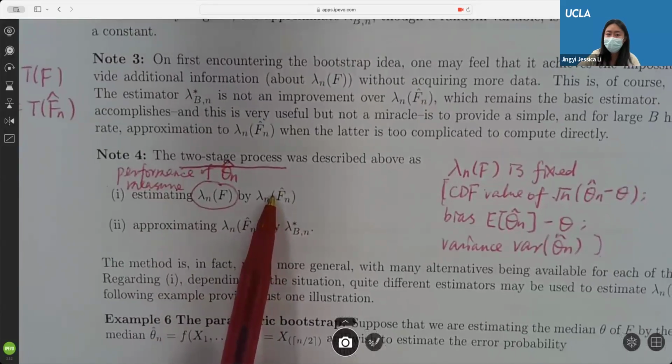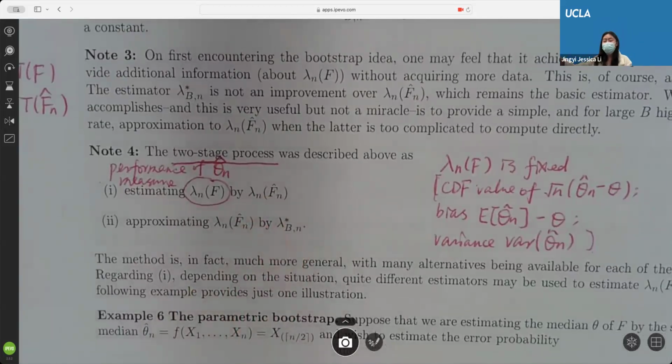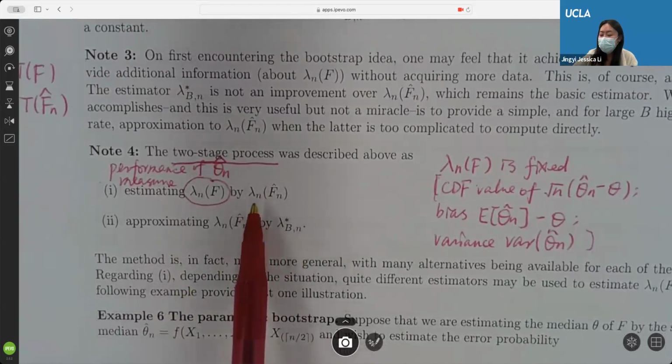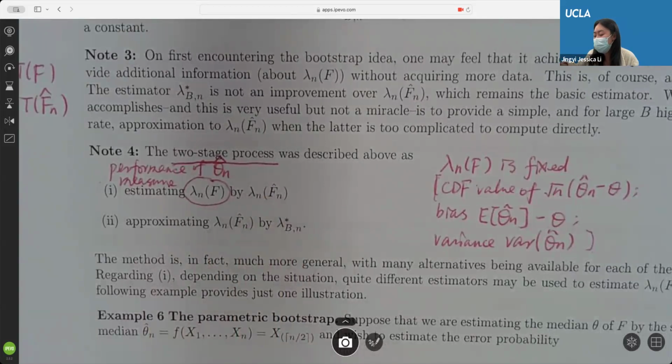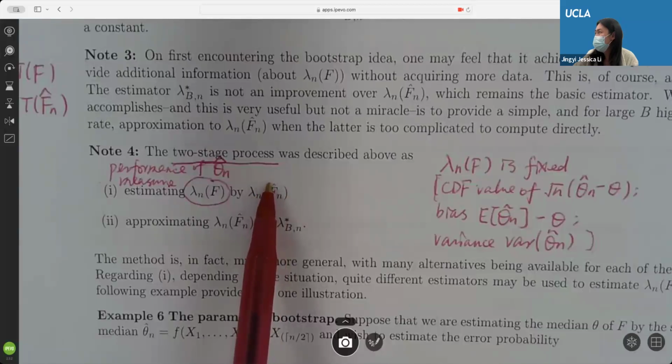The second stage is an approximation. We have shown you an example that if you want to calculate this exact plug-in estimator, you may have to enumerate all possibilities of your sample by sampling with replacement. Essentially, you need to create a hypothetical sample from your actual sample, because your actual sample represents F n hat, the empirical distribution, which is an n-valued discrete distribution.